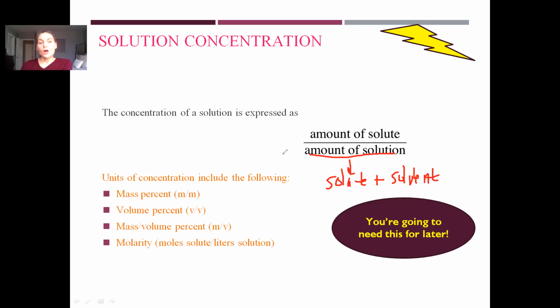We can either look at what's called mass percent, we can look at volume percent, mass per volume percent, or we're going to look at what's called the molar concentration or the molarity. And when we discuss molarity, it's moles over liters. But again, it's the amount of solute over the amount of solution possible. And remember, the solution is the solute and the solvent totaled together.